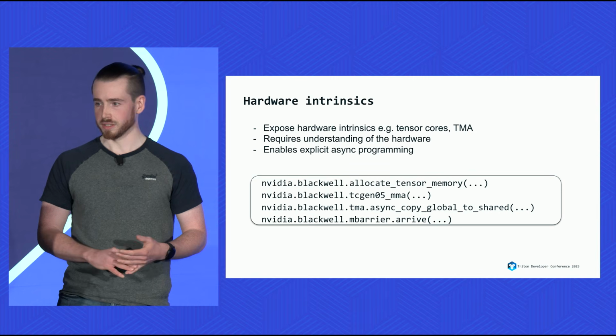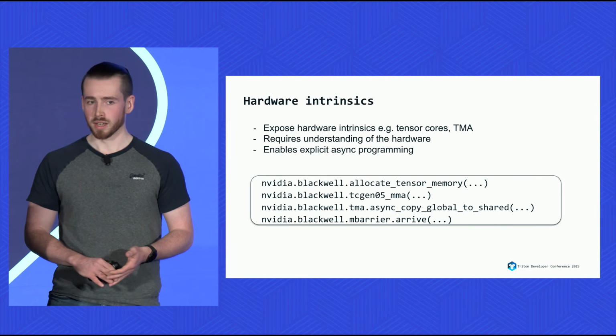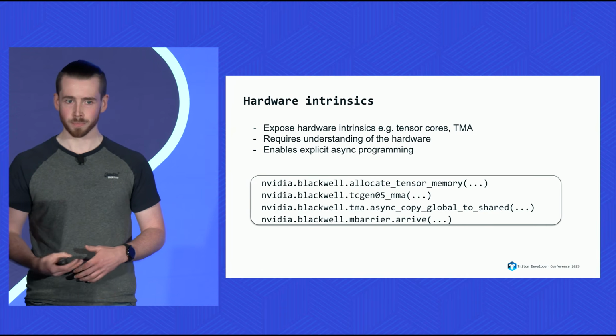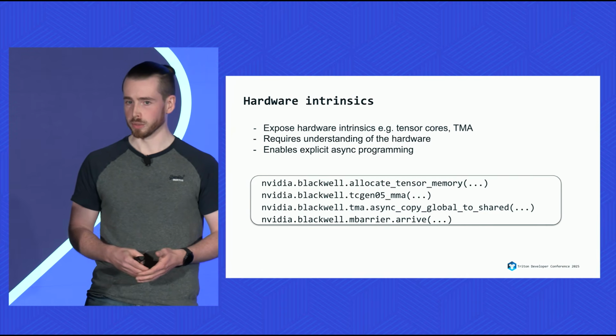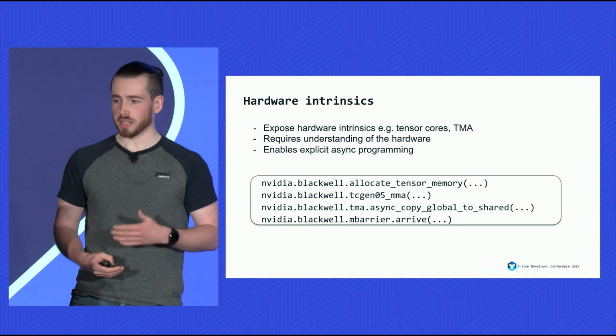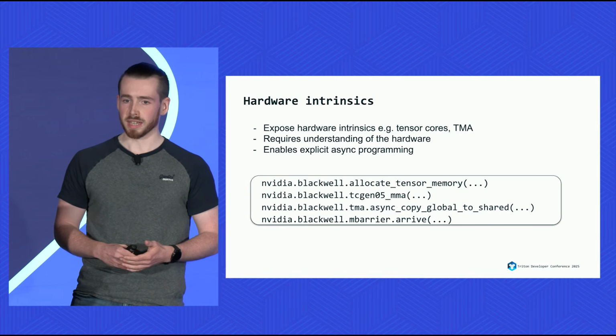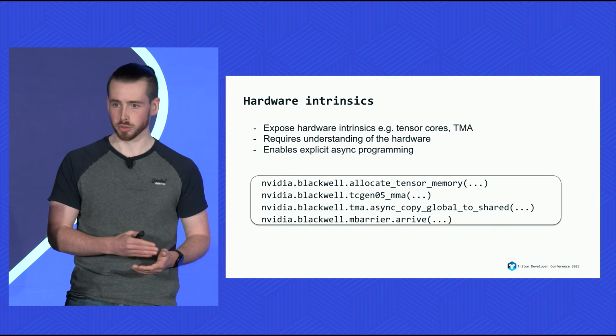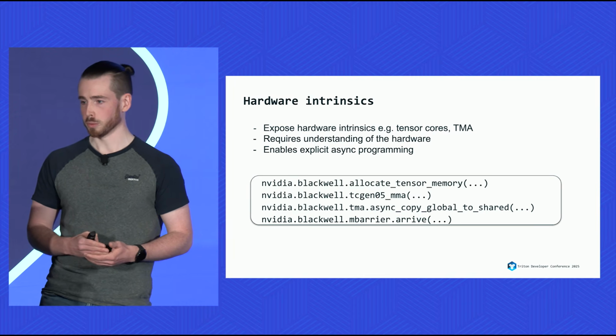We're exposing the tensor memory that Chris mentioned, the 5th generation tensor core MMA operations, which are actually asynchronous operations. So we're exposing these extra complexities that you don't necessarily get in the tl.dot, but that gives you the freedom to write the more complicated schedules that you see in the warp specialized code.